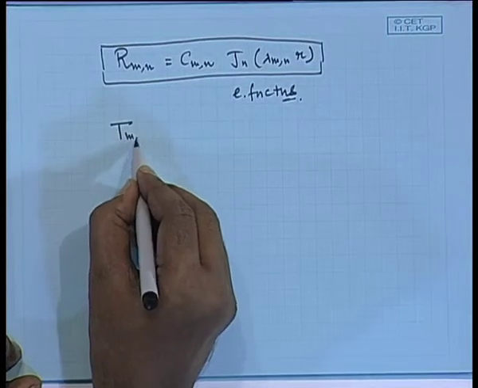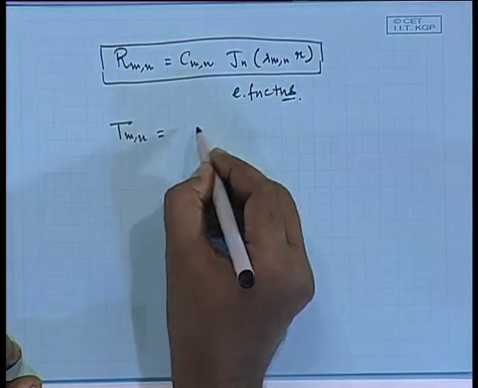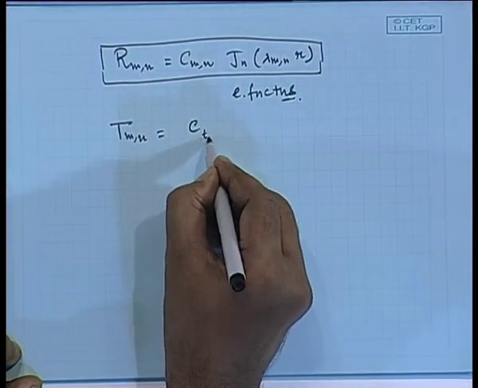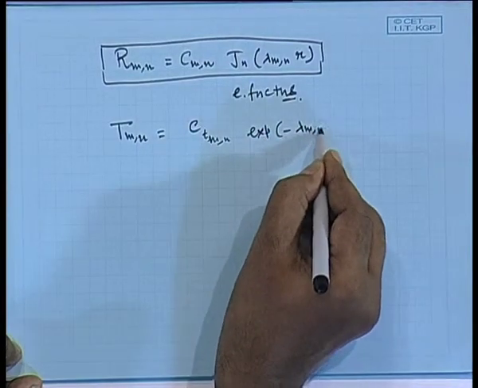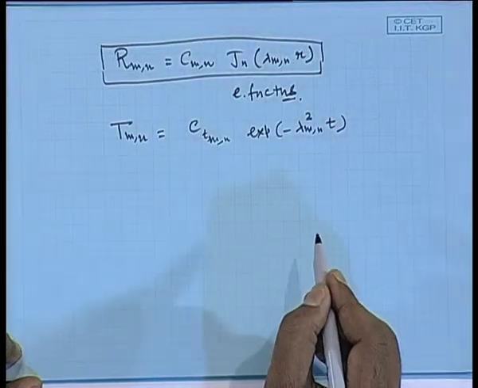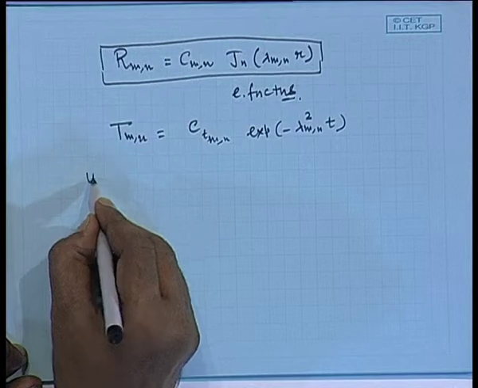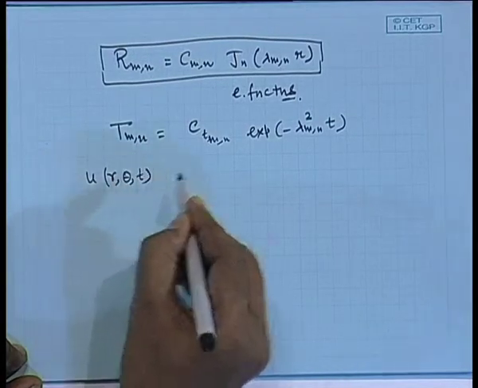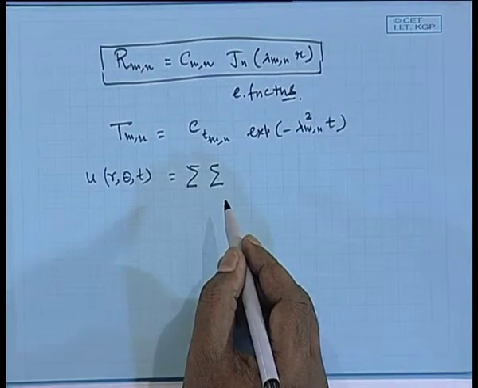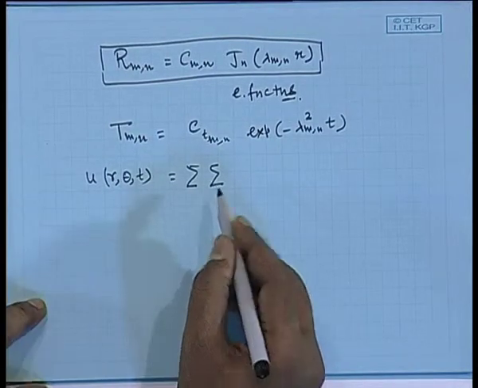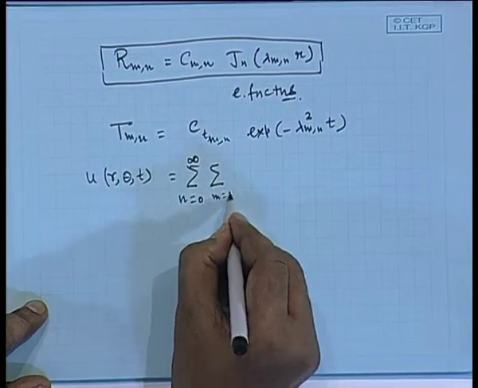And the corresponding time varying part will be some constant, let us say C_t_mn, times exponential of minus lambda_mn squared times t. Now, you can construct the complete solution u(r, theta, t) as a double summation, one over index n, another over index m. n runs from 0 to infinity and m runs from 1 to infinity.